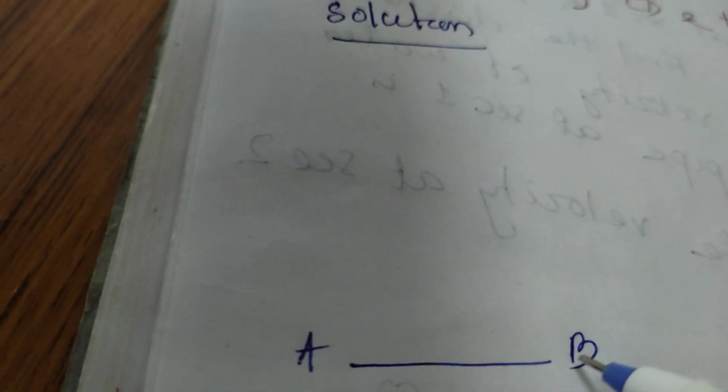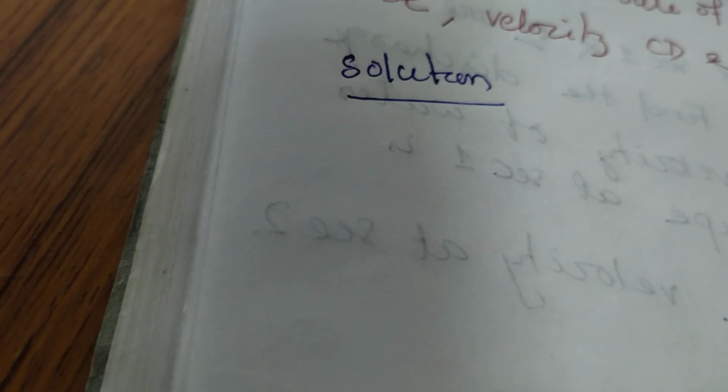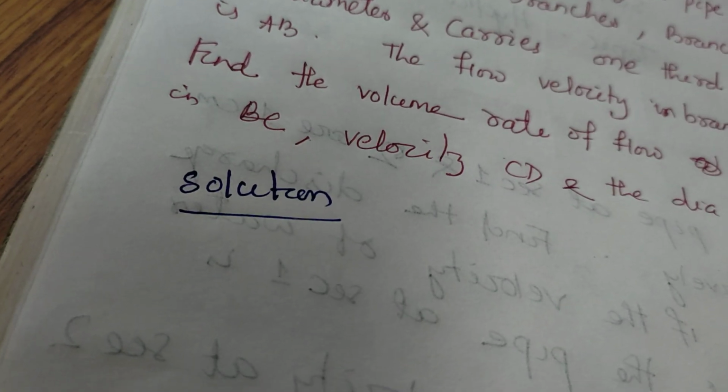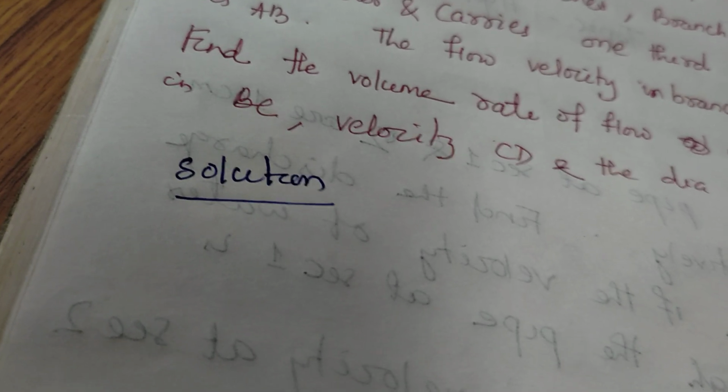Then again the pipe diameter increases, that is BC. Diameter here is 1.2 meter. Here the diameter is 1.5 meter.